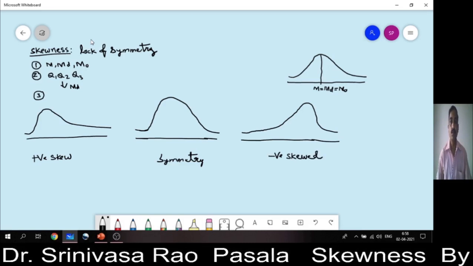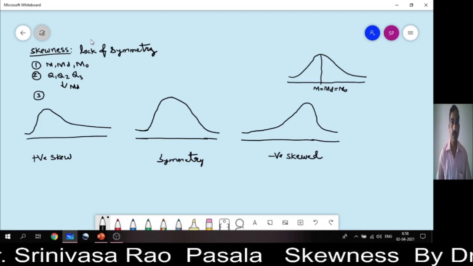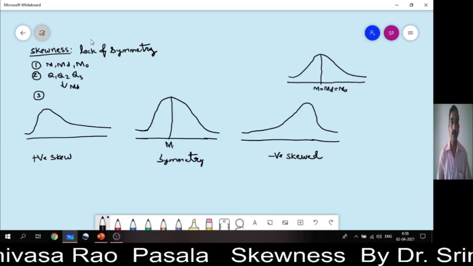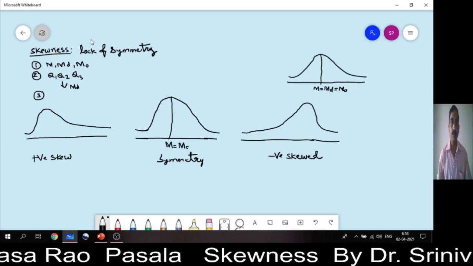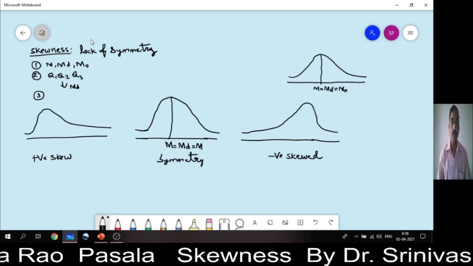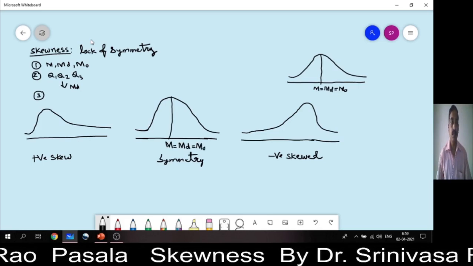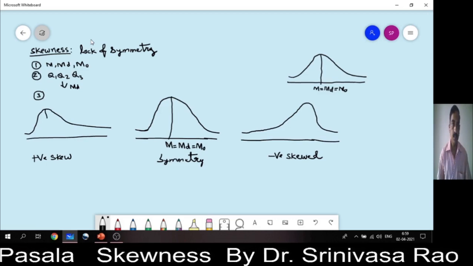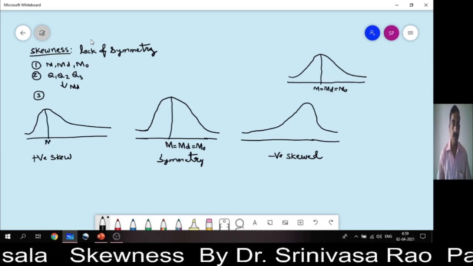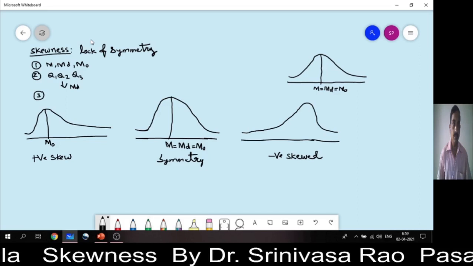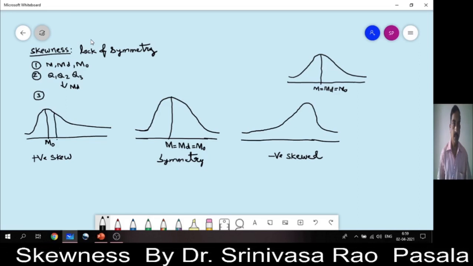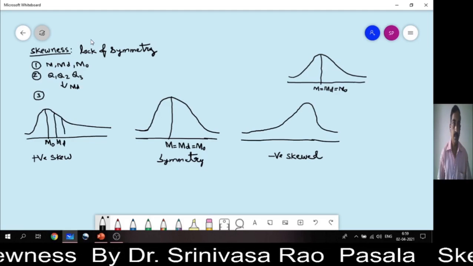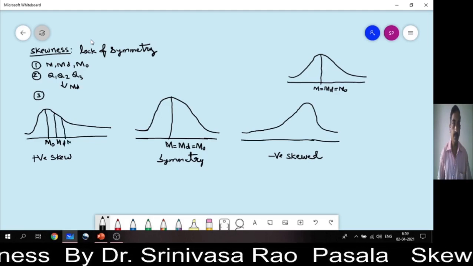Now you observe that in a symmetric distribution, mean, median, and mode coincide and are located at the same point. But in the positive skew, this is the mode value, this is the median value, and this is the mean value.